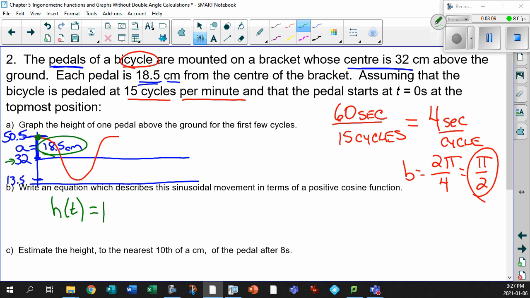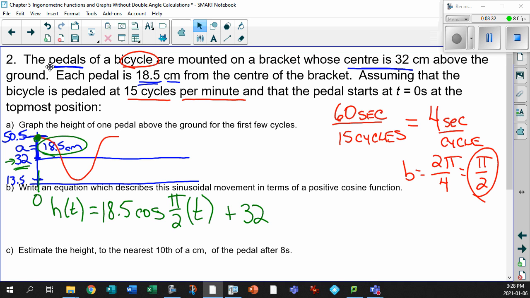There's your cosine, starting at the top at time 0. Your B value is pi over 2. You're starting at 0, so there's no shift, so this is just plain old time. Your center value is 32, plus 32. There's your positive cosine.